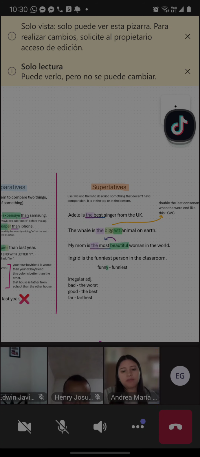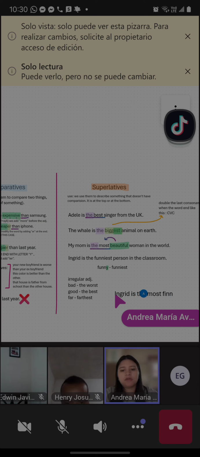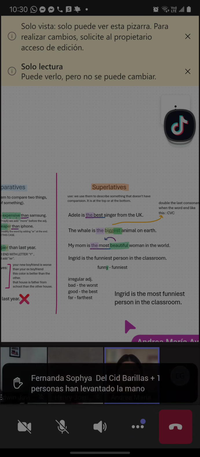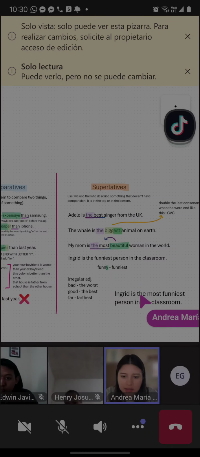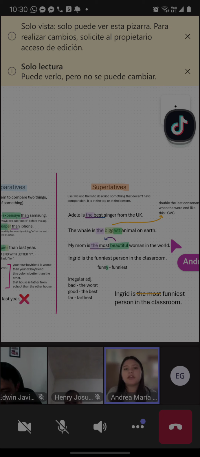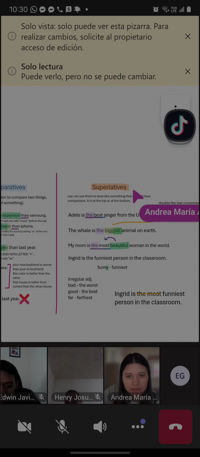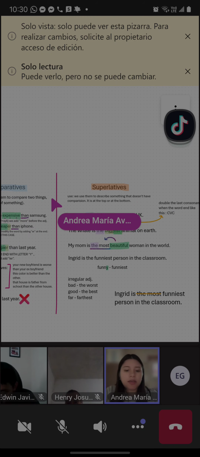Or for example, saying Ingrid is the most funniest person in the classroom. You are repeating the same thing. So if you modify the adjective, you don't add the most. Can you say the most funny? No, you can't because you're not following the rules.